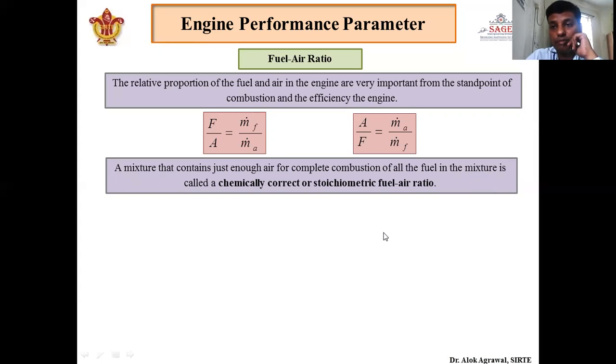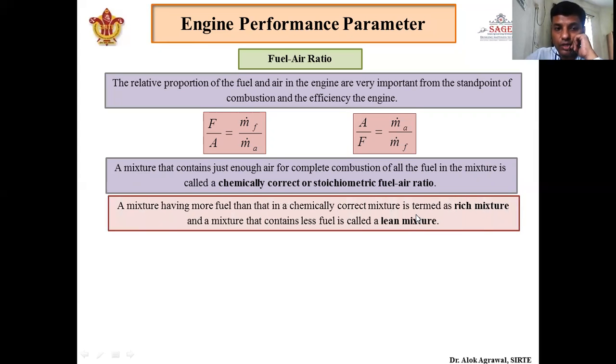This is the exact amount of fuel and air required to burn the given quantity of fuel. Now, if in that mixture the quantity of fuel is increased, we call it a rich mixture, and if the quantity of fuel is reduced relative to the stoichiometric fuel air ratio, we call it a lean mixture.